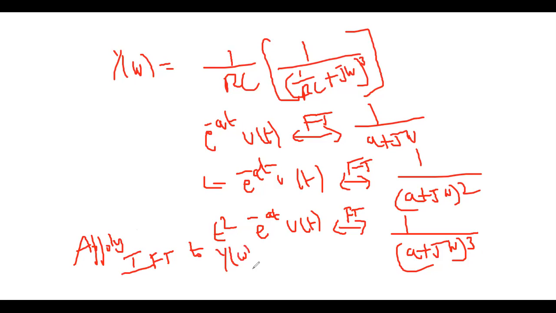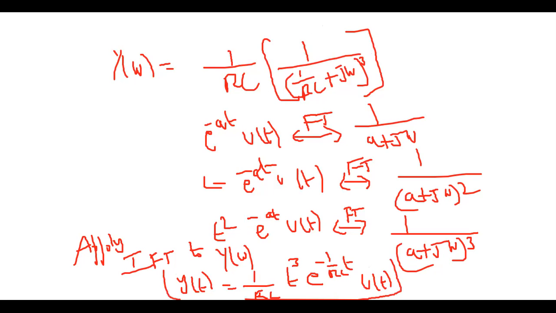Y of t is equal to the constant 1 by RC and 1 by (a plus j omega) whole cube, which according to this function is t cube into e power minus a t, where instead of a the value is 1 by RC, into mu of t. So we got the output Y of t equal to 1 by RC t cube into e power minus 1 by RC into t mu of t.